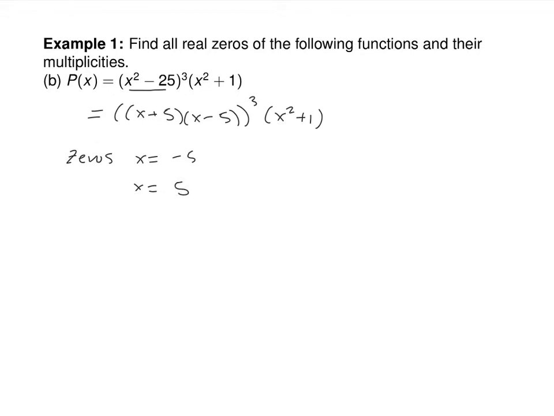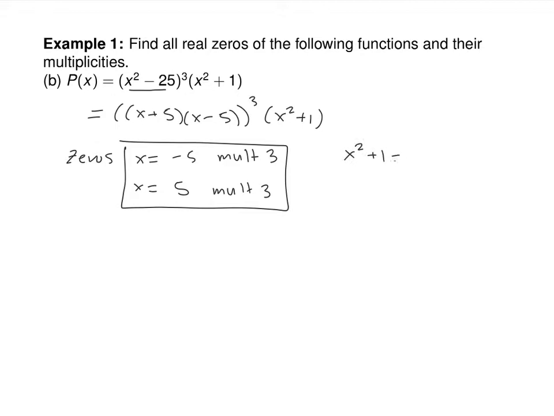What is the multiplicity of both of those? 3. If you were to list that (x plus 5)(x minus 5) to the third, you'd have x plus 5, x minus 5 three times, so three x plus 5s and three x minus 5s. How about x squared plus 1 equals 0? x squared equals negative 1, and so x will equal plus or minus i.